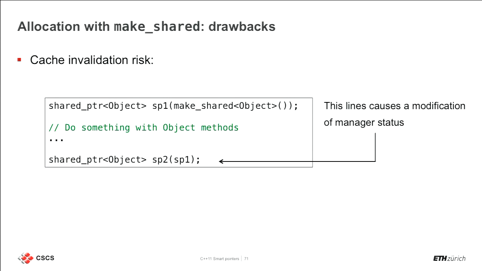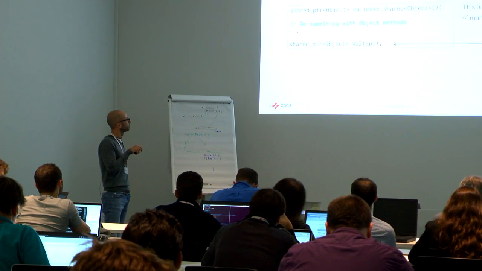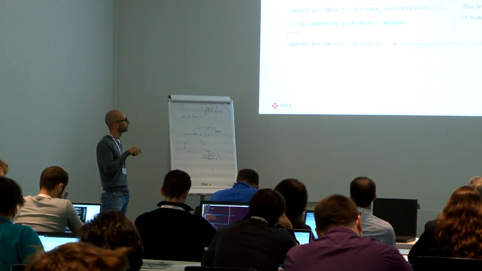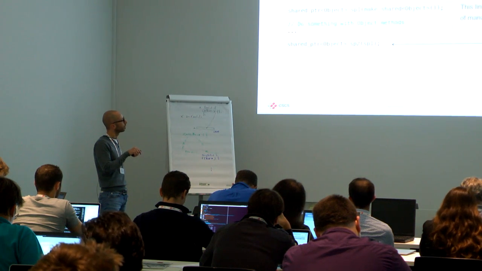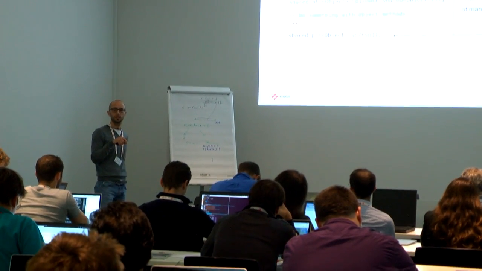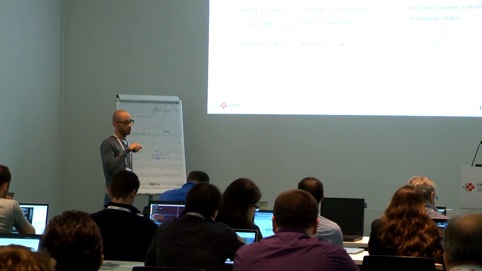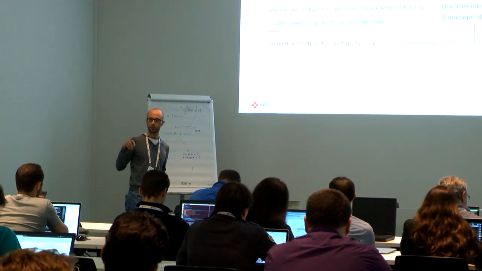Suppose we use code like this, where we create a single shared pointer with make shared, so we are in the condition we are discussing. Then we do something with our object, modifying it, and then we create a new shared pointer from the same memory location. Here we are changing the status of the resource manager. If we are on the same cache line, we can also invalidate the data part, the raw pointer part.